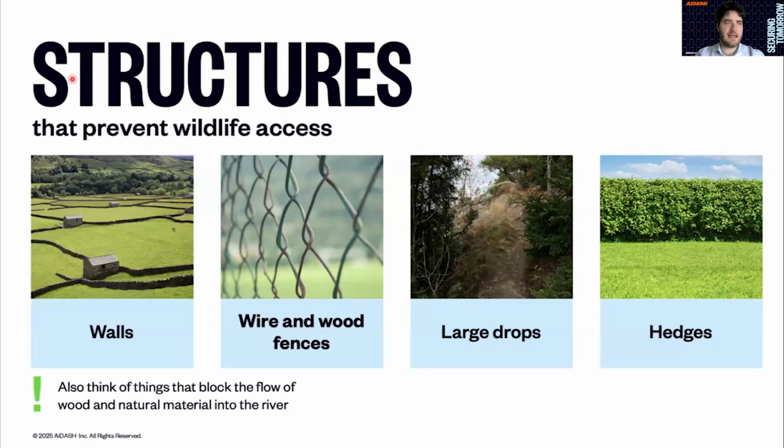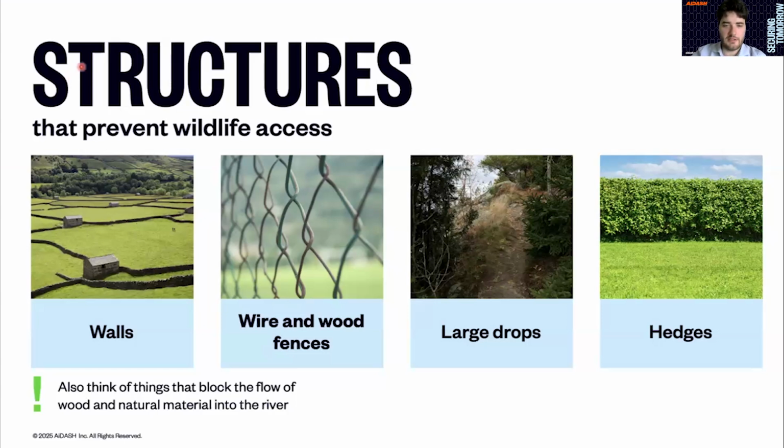A popular thing that's happening nowadays is planting hedges alongside rivers as part of their improvement. But it's important to think, is this hedge going to impact the ability of wood to roll downhill into the river, that will then create habitats for the wildlife that lives in the river? So structures also form part of that encroachment.